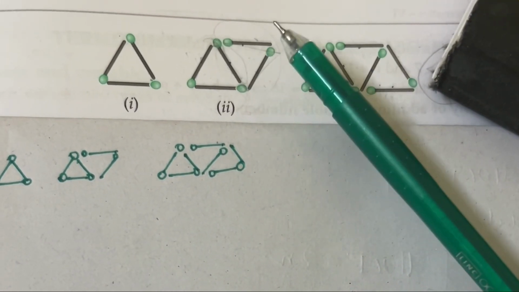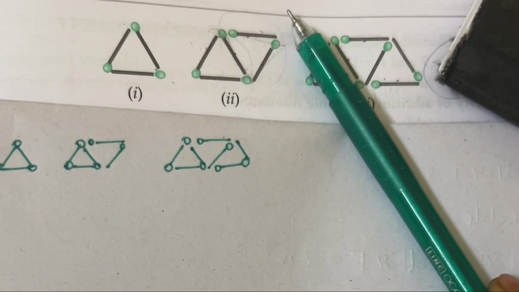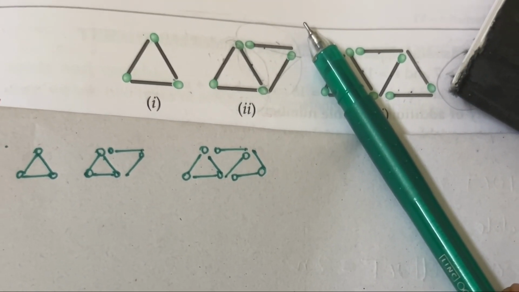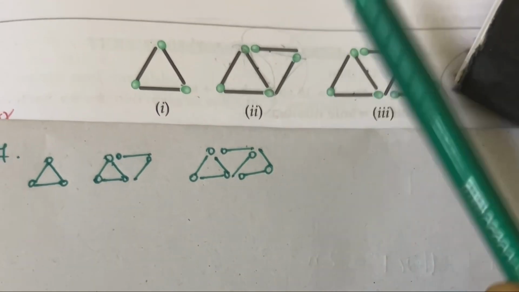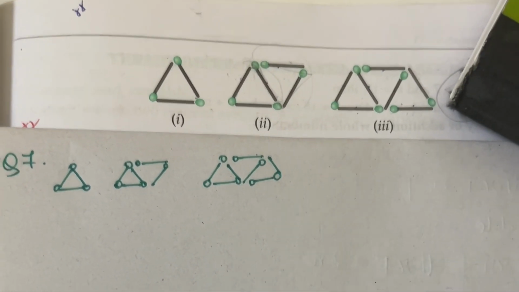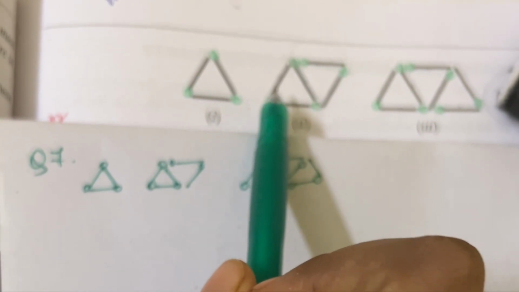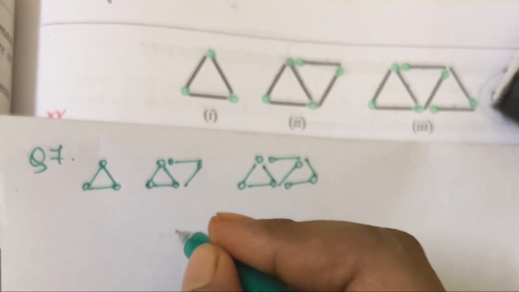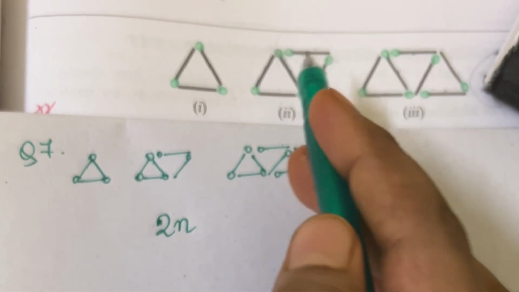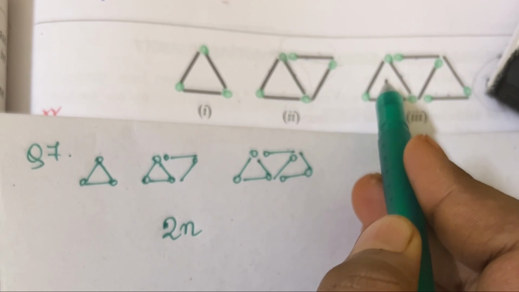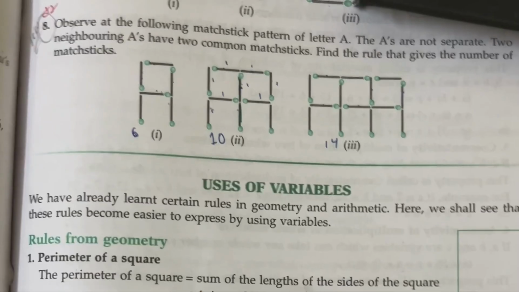And if we hide this triangle and consider these two triangles again, we here also see one matchstick is common to both the triangles. So in this sum we can conclude that there are two matchsticks per triangle left behind, so that is 2n, and one is the common one that comes in each case, so it is 2n plus 1.